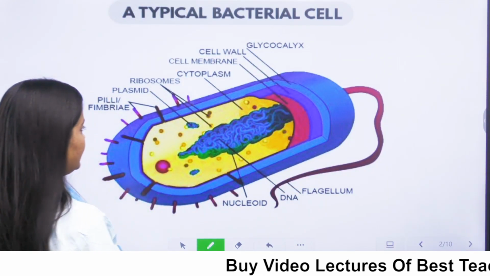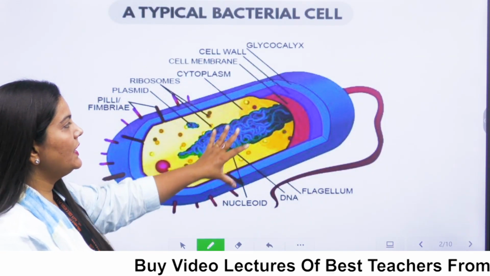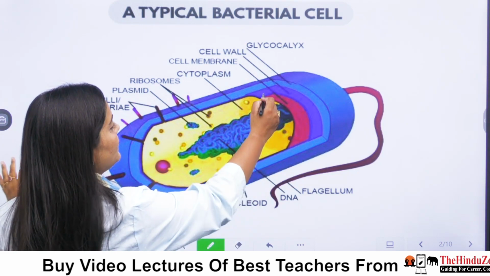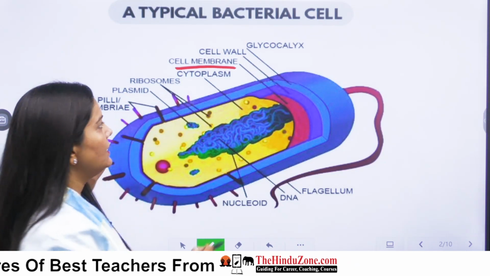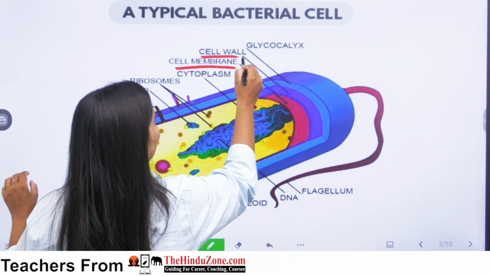Now, come back to the cell. When we see a bacterial cell, the inner material is surrounded by the cell membrane. Above the cell membrane is a cell wall.